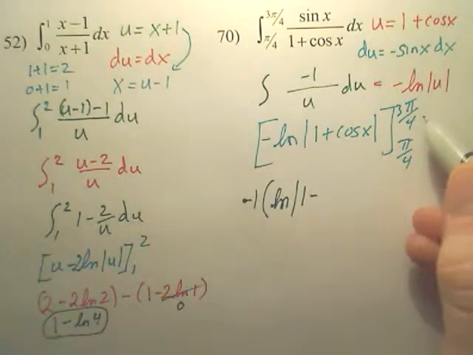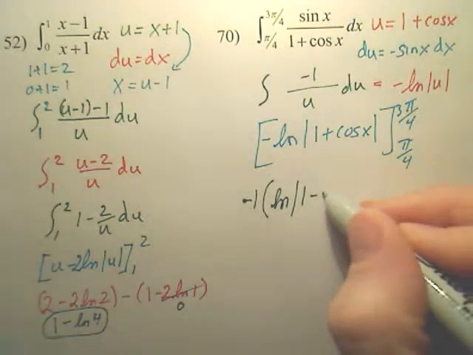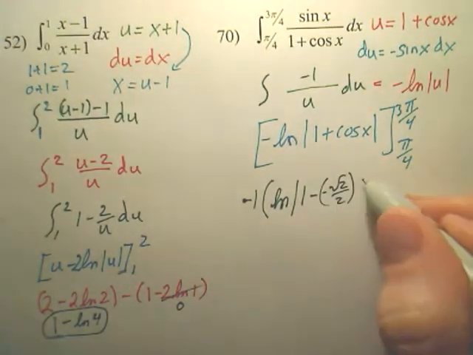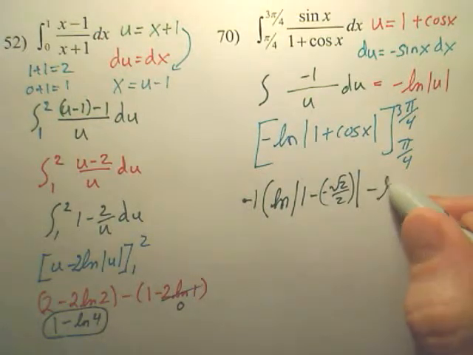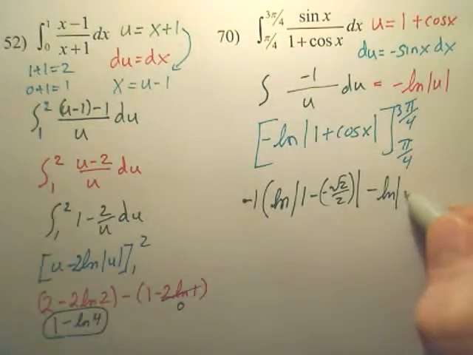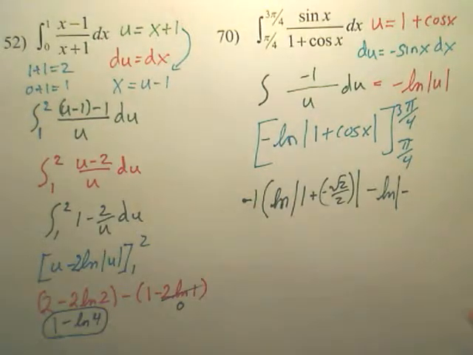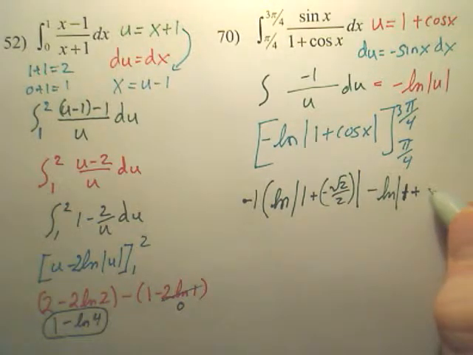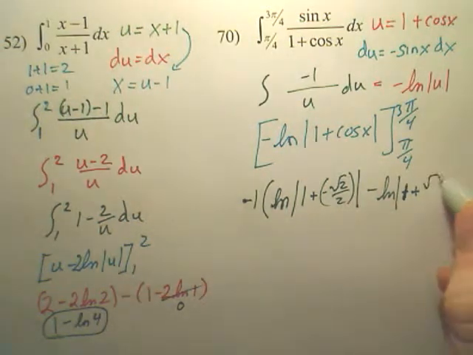Cosine of 3 pi over 4 is negative square root 2 over 2, minus ln 1. This is a plus, isn't it? That's a plus. 1 plus, and cosine pi over 4, is that positive square root 2 over 2?